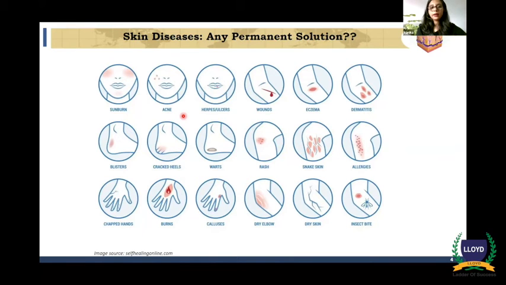Acne is caused because of increased secretion of fatty acids as well as formation of comedones within the layers. Then we have some viral infections like herpes simplex, herpes virus, burn wounds, as well as associated infections where a burn injury could be infected with a bacterium, which would further give rise to infections. Then we have eczema and dermatitis.